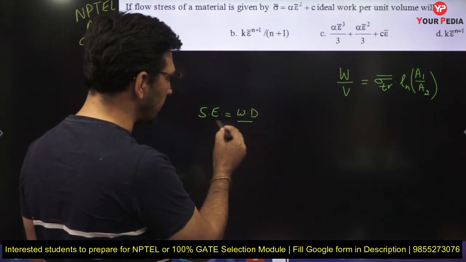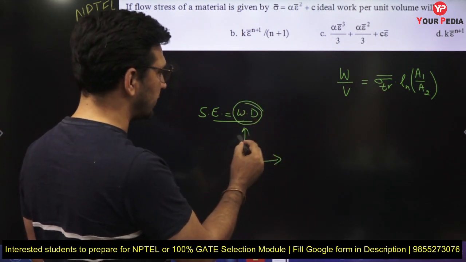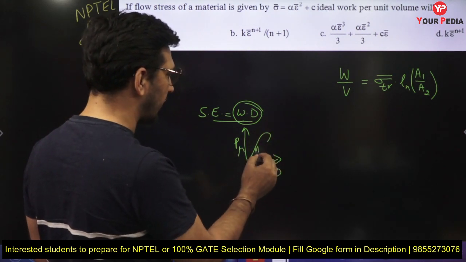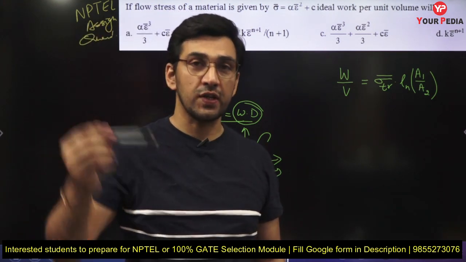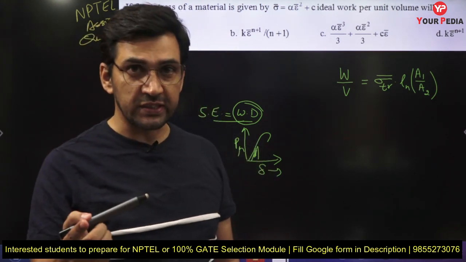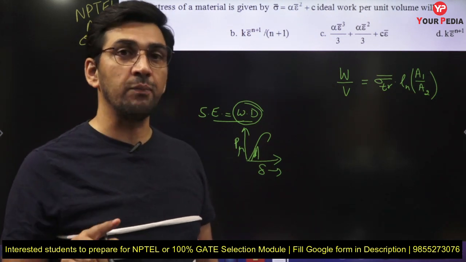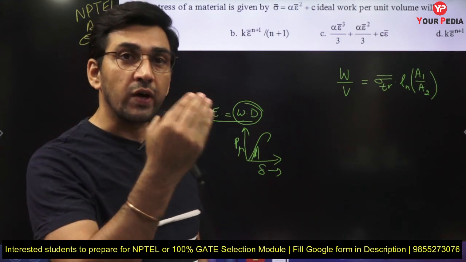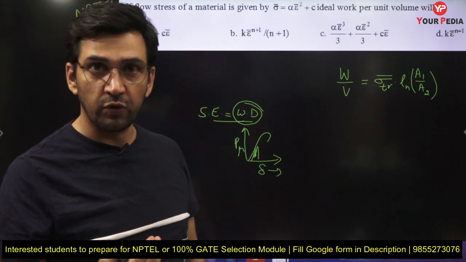So I would represent it as the area under the force deflection diagram. But if the same information I have to represent on the stress strain diagram, then how do I represent it? The area under the stress strain diagram is represented by the work done per unit volume, or strain energy per unit volume. That is how we represent it.